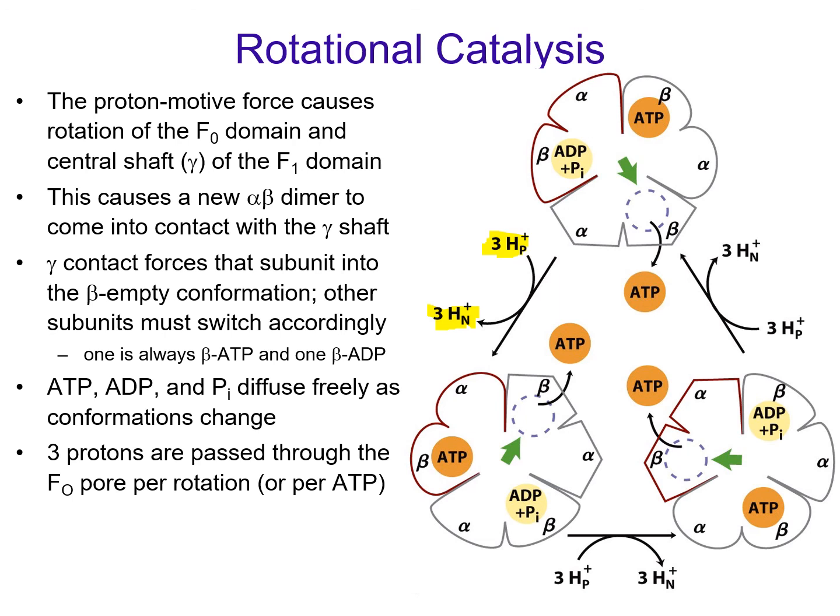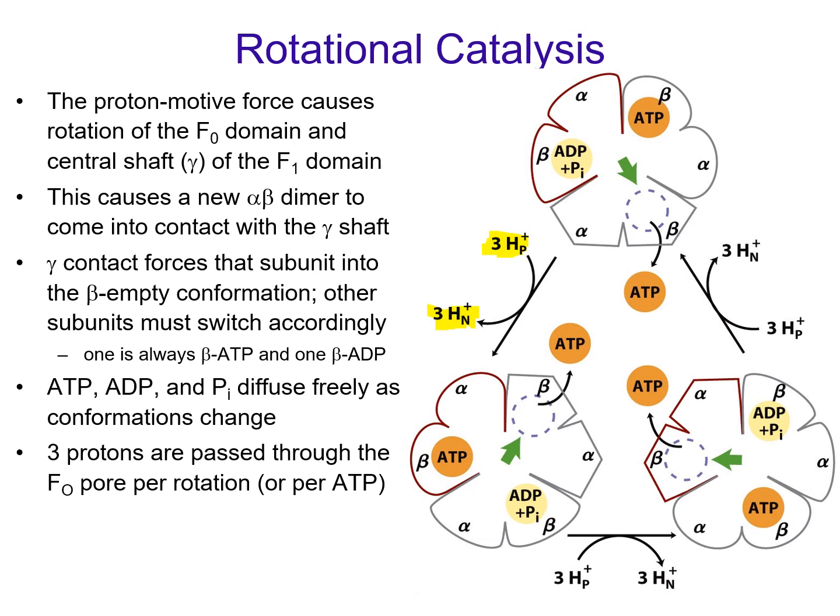So if we start up here, we have an alpha domain and a beta domain, or alpha subunit and a beta subunit. And the beta subunit is where the catalysis is going to happen. It contains, because there are lots of free floating adenosine diphosphates and phosphates, the ADP and the Pi in the beta domain.